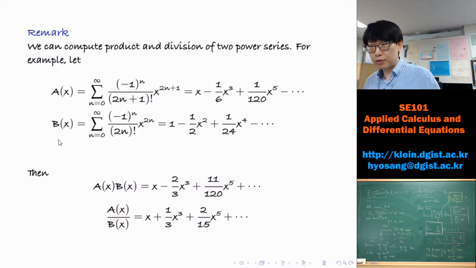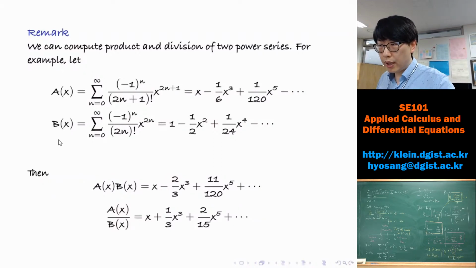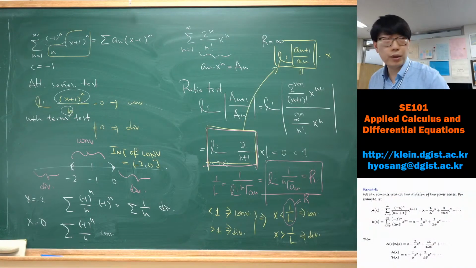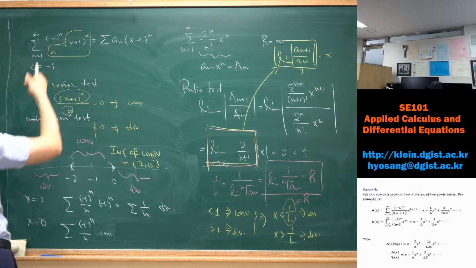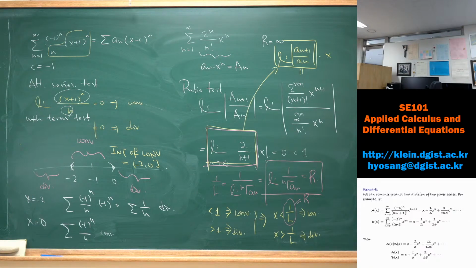So the question is whether (x plus 1) to the power of n over n is positive. I'm not sure which part you're asking about. When you try to use the alternating series test, you have to use this positive part, right? That's true.